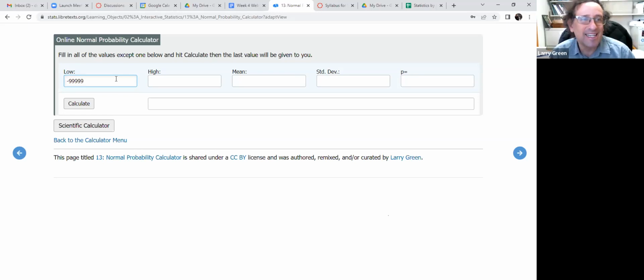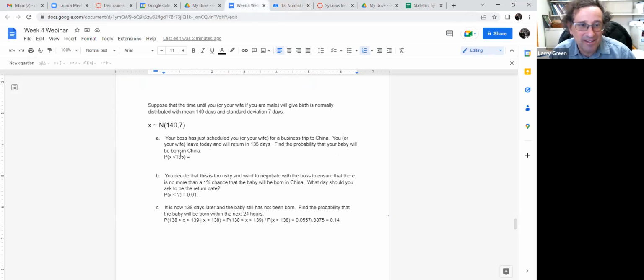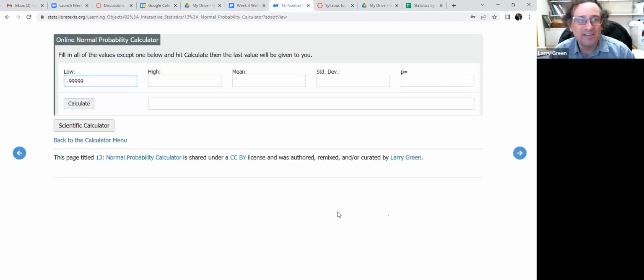We should make sure this is a 3-digit number. We don't have any more, so 5 nines is enough. So low is -9,999. You can't really have a baby in -9,999 days, but this is a hypothetical normal distribution. If you use 0, you get the same answer, but we're not going to do that.